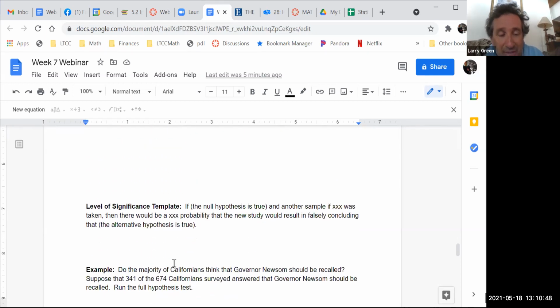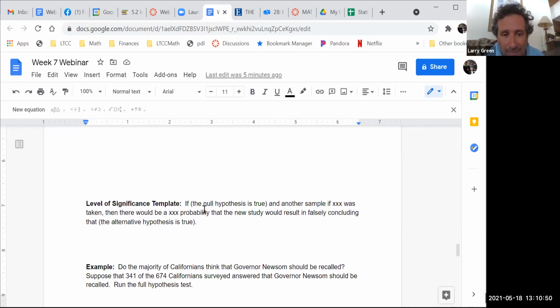Okay, the level of significance template is very similar. If, and then I put in parentheses, the null hypothesis is true. So whatever the null hypothesis is saying, you put that in words. And if another sample of whatever your sample size was were taken, then there would be a 5% probability, or maybe 10% or 1%, depending on your level of significance, that the new study would result in falsely concluding that, and then in parentheses, the alternative hypothesis is true.